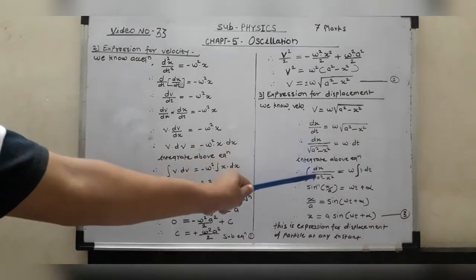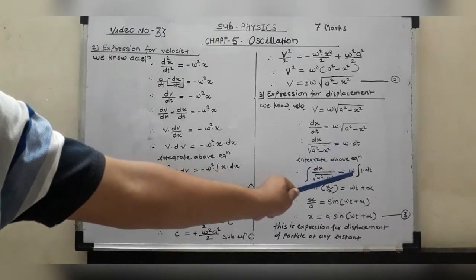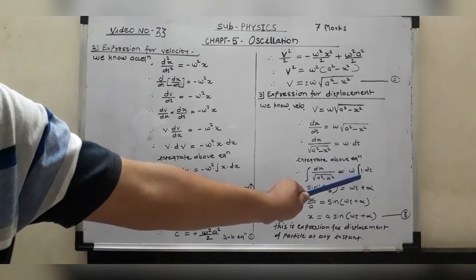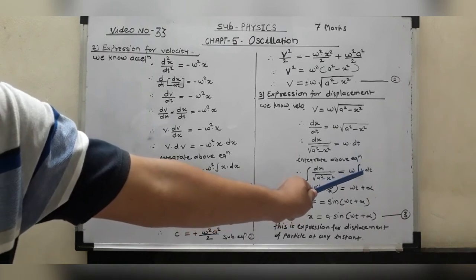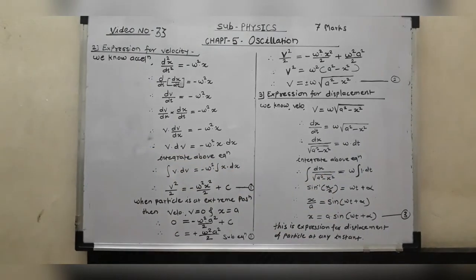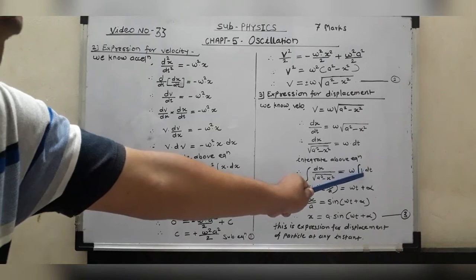Integration of dx upon root of A square minus x square is equal to omega, which is a constant, into integration of 1 into dt.